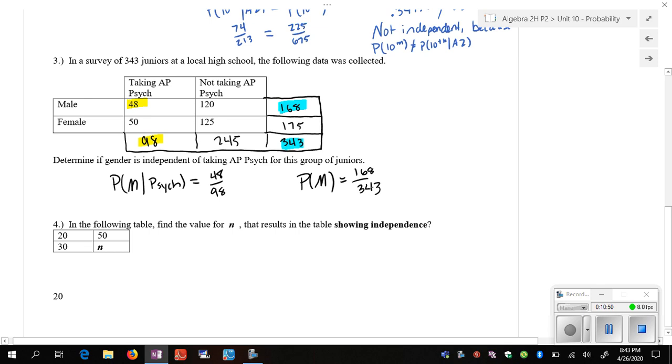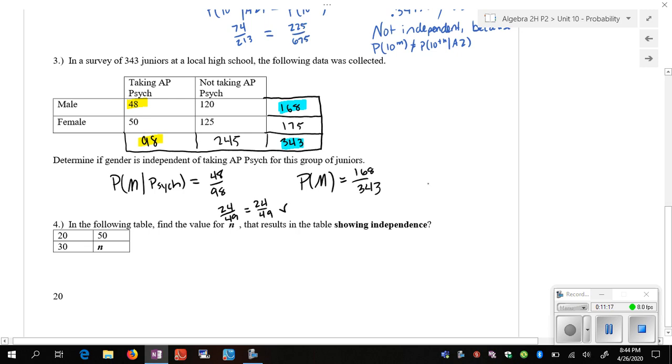Now, it might not be obvious how to compare those two fractions. The nice thing is, depending on the calculator you're using and the settings you have, if I just type those fractions in, I automatically get them reduced to 24 out of 49 and 24 out of 49.